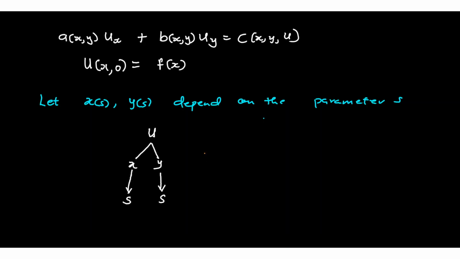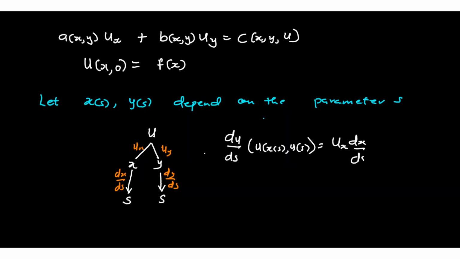If you differentiate along this path, by applying the chain rule, we'll have du/ds of u(x(s), y(s)) equal to u_x multiplying dx/ds, plus u_y multiplying dy/ds. Alright, so if you apply the chain rule, this is what we have.